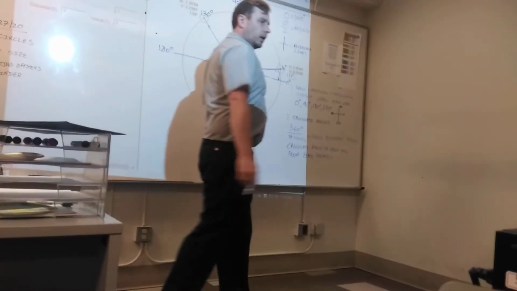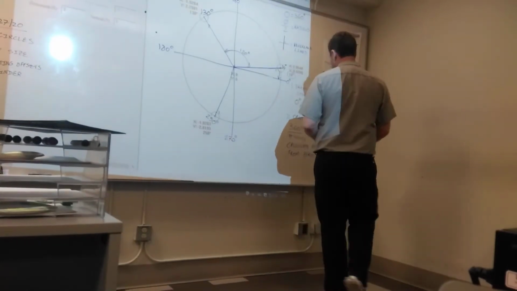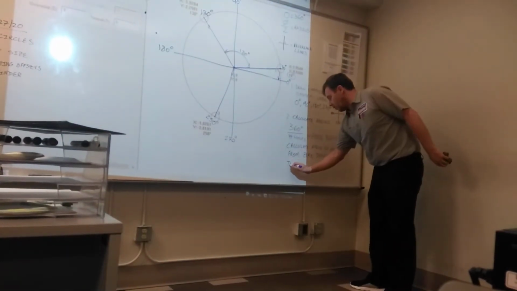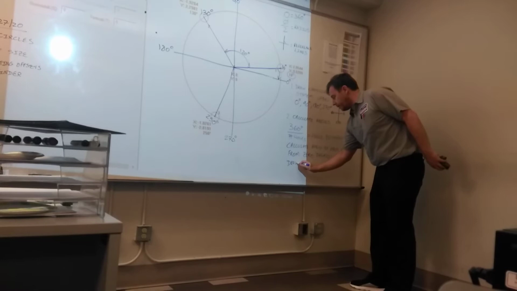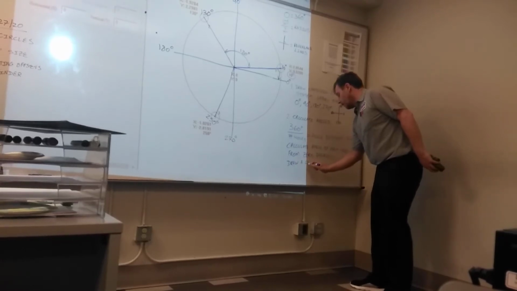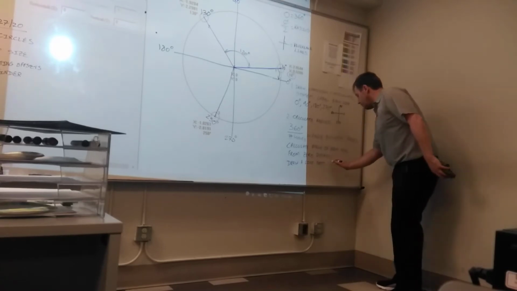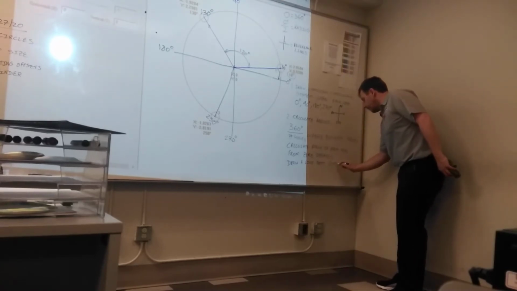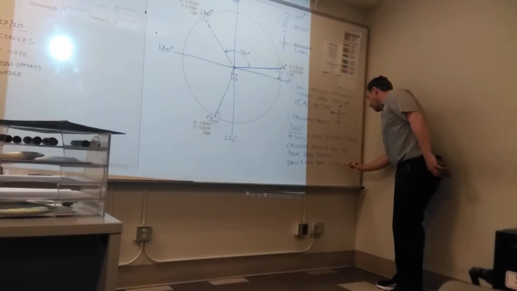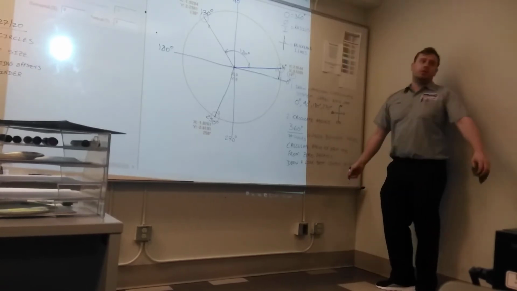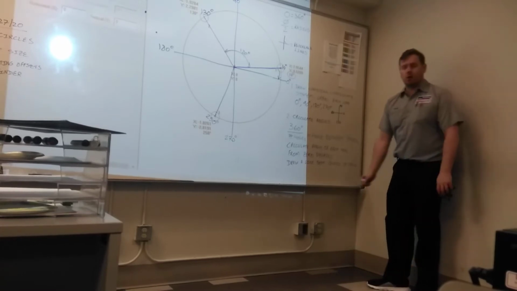So as you calculate those angles, this last note here says draw a line from the center of the circle to the center of each hole.